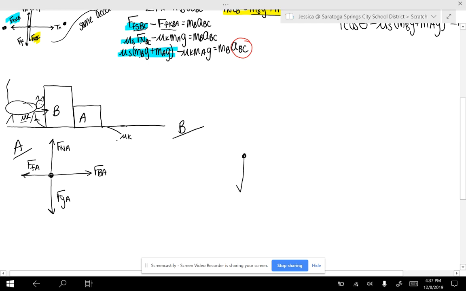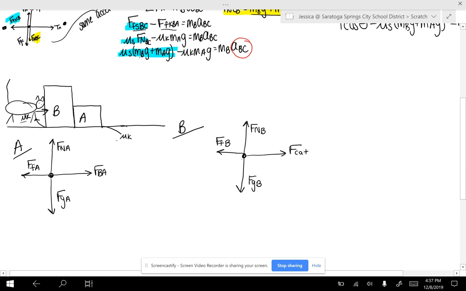And on B, pretty much looks the same. We have an F_GB. We have a normal force. We have the applied force from the cat. And a friction force. Okay.